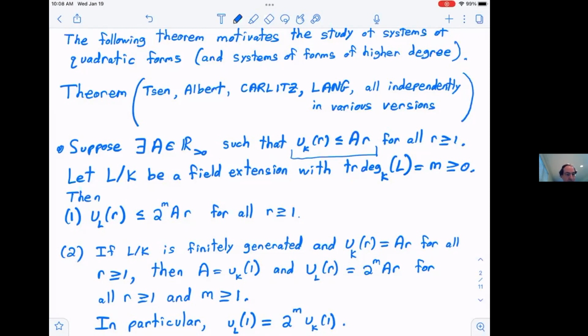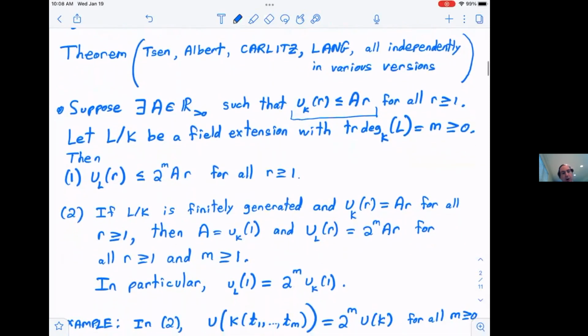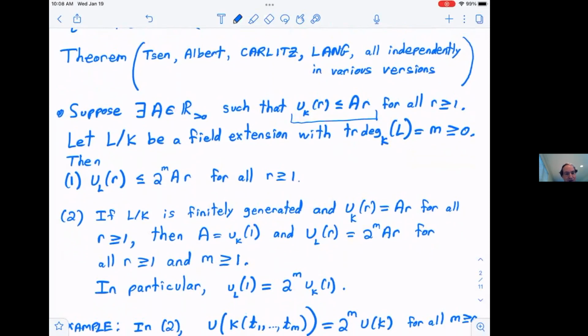Now, that's statement number 1. Statement 2 is fine-tuning it. Both statements are useful in different contexts. Suppose we assume just a little bit more. Suppose L over K is finitely generated, transcendence degree M. Suppose that U sub K of R equals A times R for all R greater than or equal to 1. Then, for trivial reasons, capital A would have to equal U sub K of 1, the U invariant.